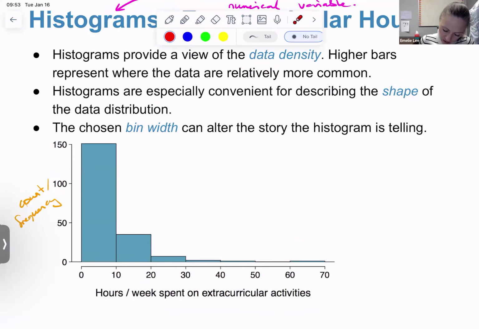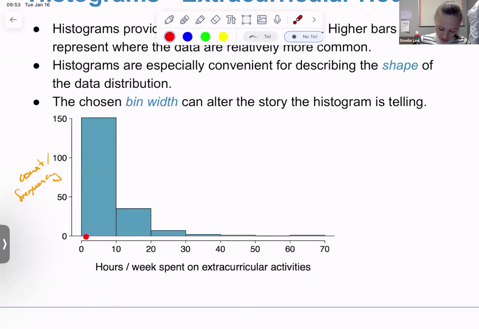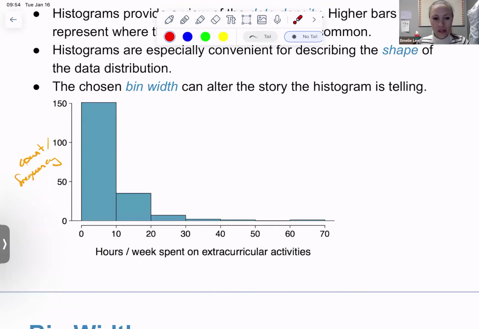Histograms are especially convenient for describing the shape of the data distribution. We can set the bin width, and in the lab you'll explore how to change the bin width and how it changes the graph. But for now, we're just going to look at a couple of different options.